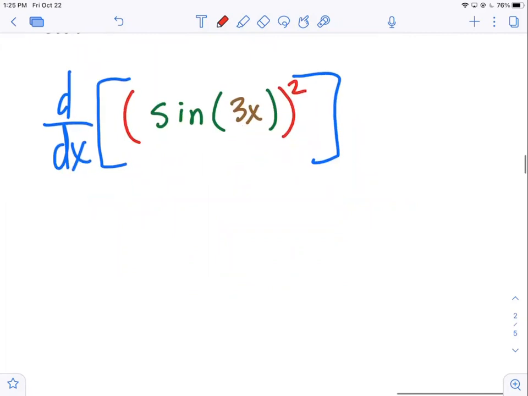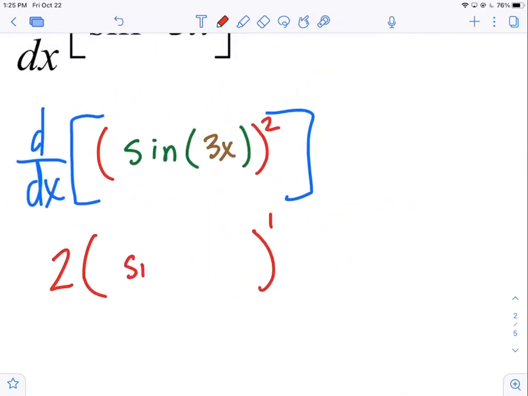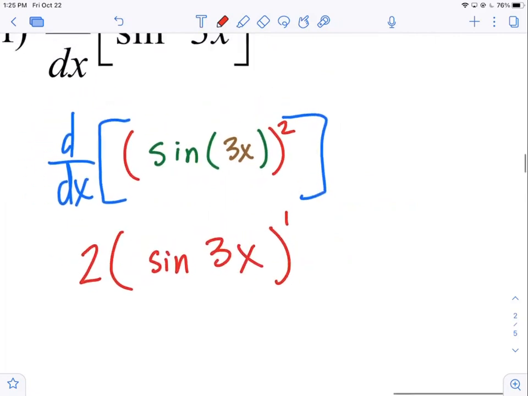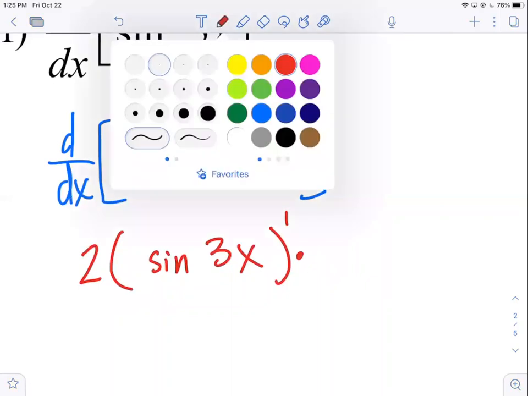So blob squared becomes 2 blob to the first. And what goes inside the parentheses? Do I put cosine of x in there right now? Right. I just rewrite it. You don't want to get crazy and start taking the derivative of more than 1 layer at a time. Times, now we move on to the green layer.